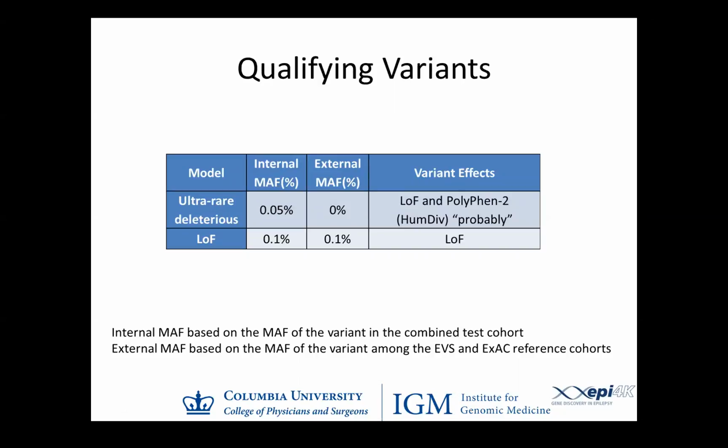So within the combined cases and controls, there are allowed to be at least a couple repeat observations. And they're focusing on loss of function and variants predicted to be damaging by PolyPhen. And then we also did a loss of function specific model where we were a bit more permissive on the minor allele frequency, but focusing really just on those variants annotated as having a predicted loss of function effect.